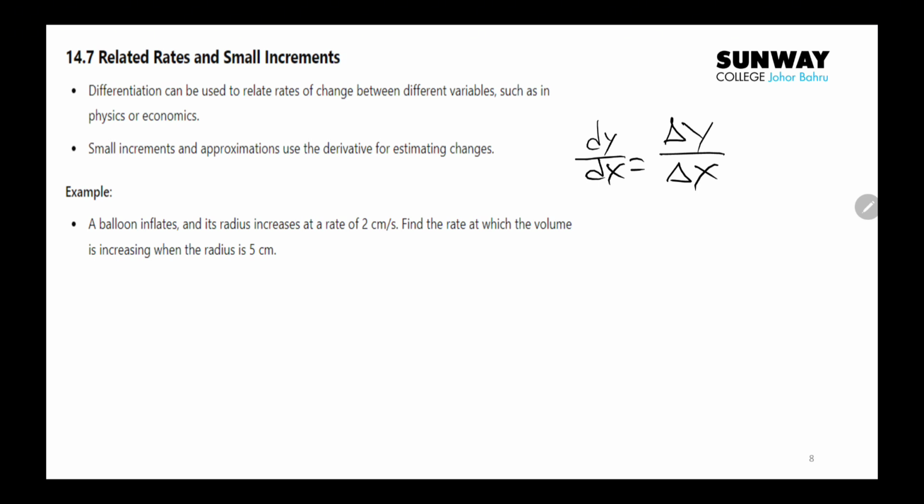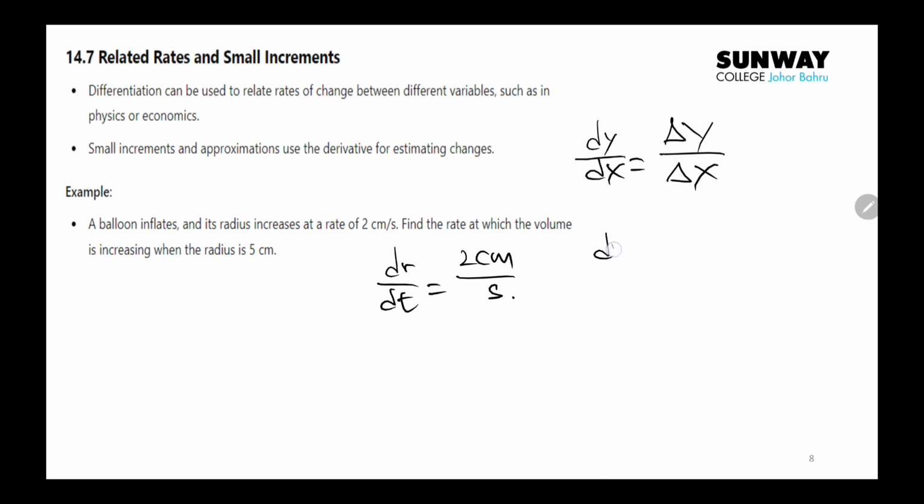In this particular case, when the balloon inflates, its radius increases at a rate of 2 cm per second. So dr/dt is 2 cm per second. That's how we write the derivative form. Find the rate at which the volume is increasing.